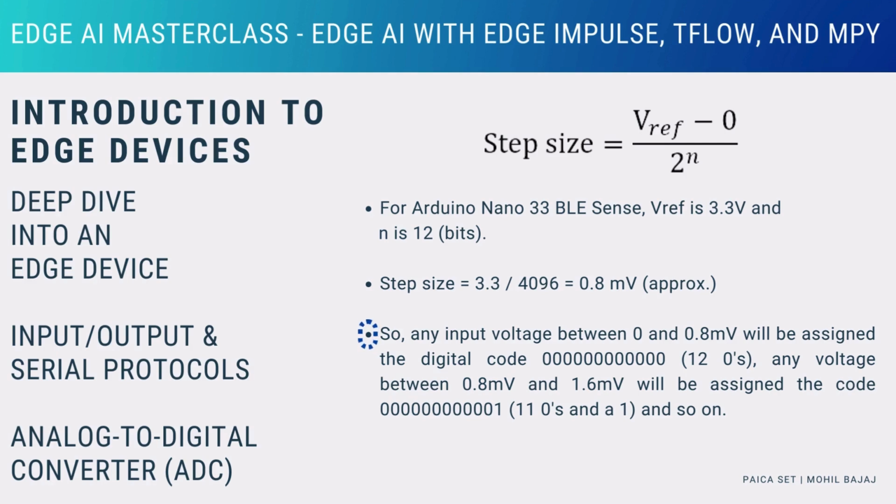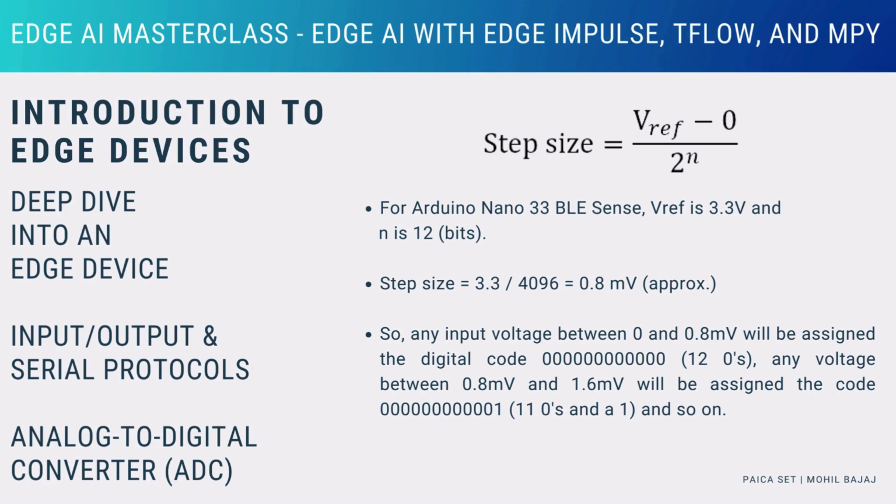Neat, isn't it? We stated a little bit earlier that the higher the resolution, the better. Now that we understand the working of an ADC, let's see why that's the case. Taking our current example, any value between 0.8 millivolts and 1.6 millivolts will be given a unique digital code. But that's a wide range. The same digital code would be generated whether the input sensor voltage was 0.85 millivolts or 1.55 millivolts.